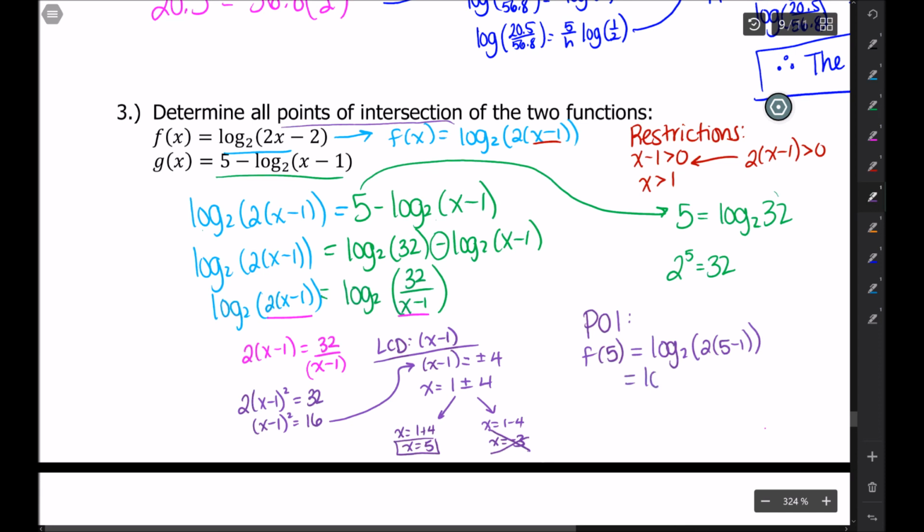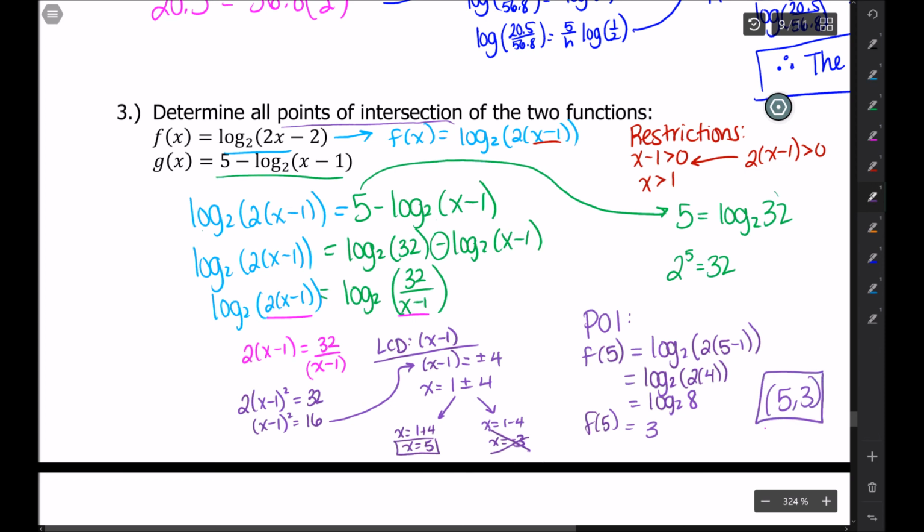So this is going to be equal to log base 2 of 2 times 4, or log base 2 of 8. And log base 2 of 8 is 3 because 2 to the power of 3 is 8. So this is what f of 5 is. So therefore, my point of intersection has to be 5, 3.